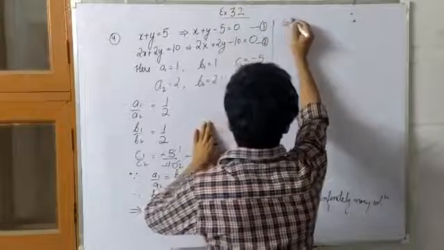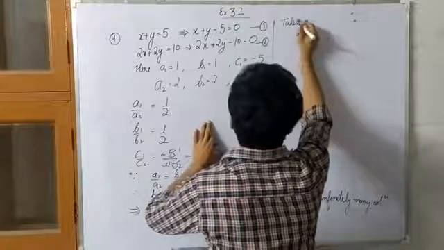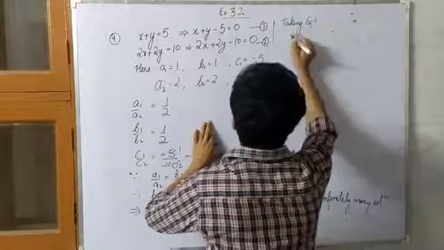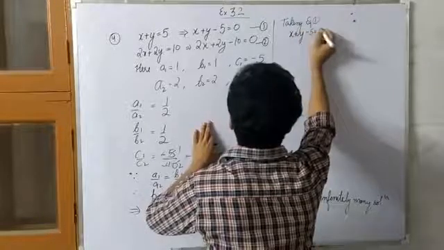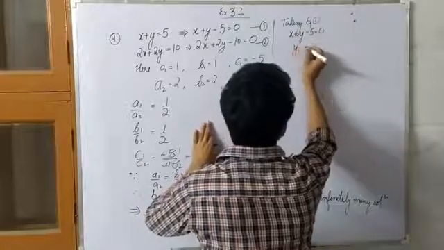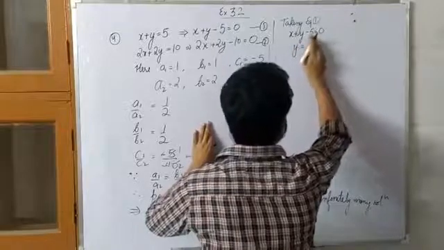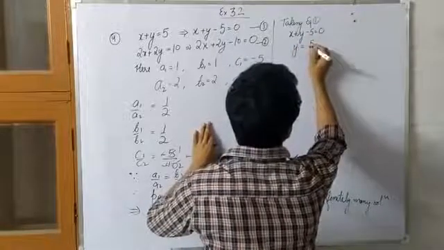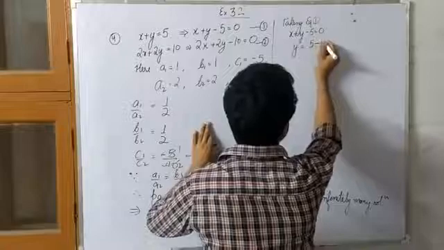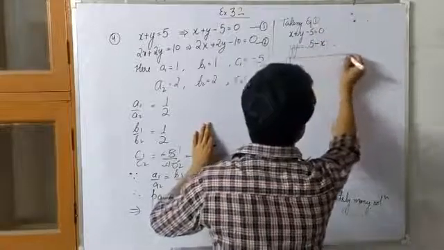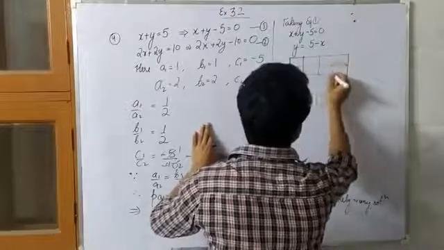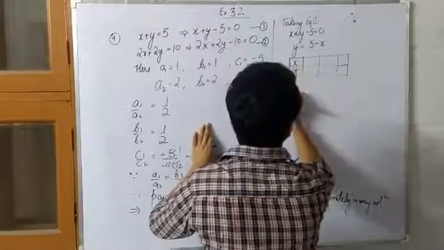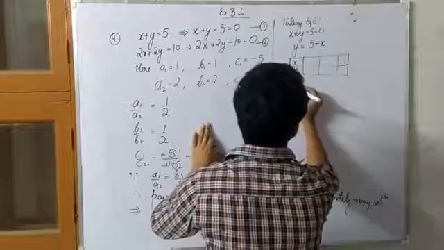So taking equation 1, this shall be x plus y minus 5 equals to 0. We will find y in terms of x. So this minus 5 will go that side and become plus 5, and x will go and become minus, right? We will make the box and plot its graph. This is x and this is y. Similarly, taking equation 2.